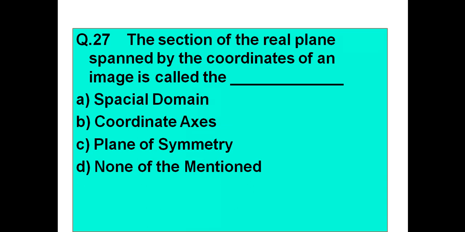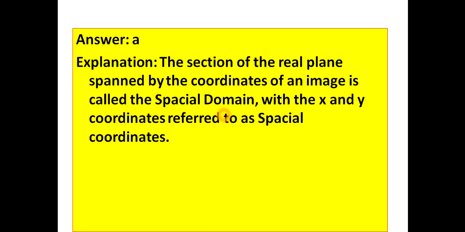The important part of the question is that the real plane is spanned by the coordinates of an image. So I hope you have already got the answer. The answer is option A, that is spatial domain. The section of the real plane spanned by the coordinates of an image is called the spatial domain, with x and y coordinates referred to as spatial coordinates.